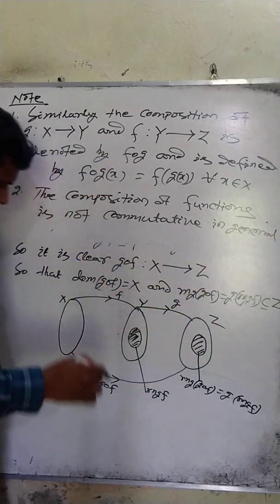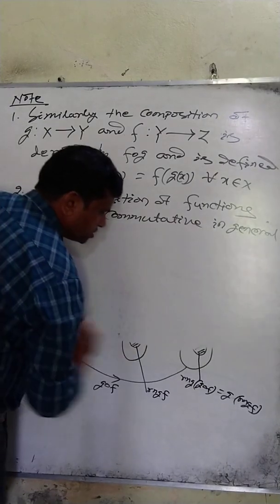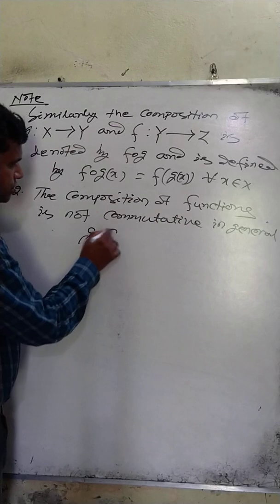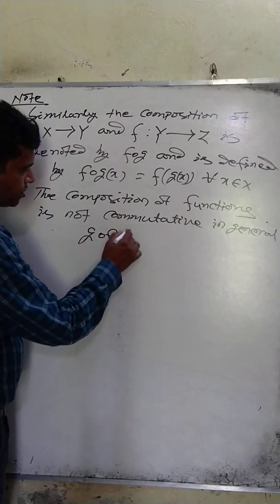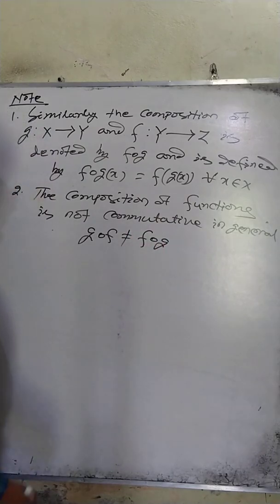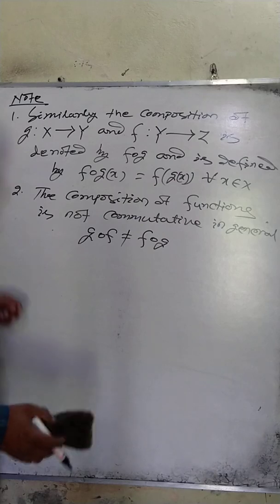Not commutative in general. So that is g composite f is not equal to f composite g.